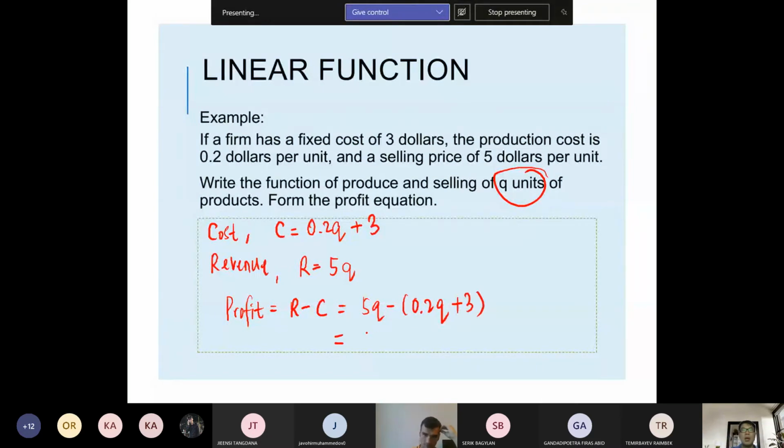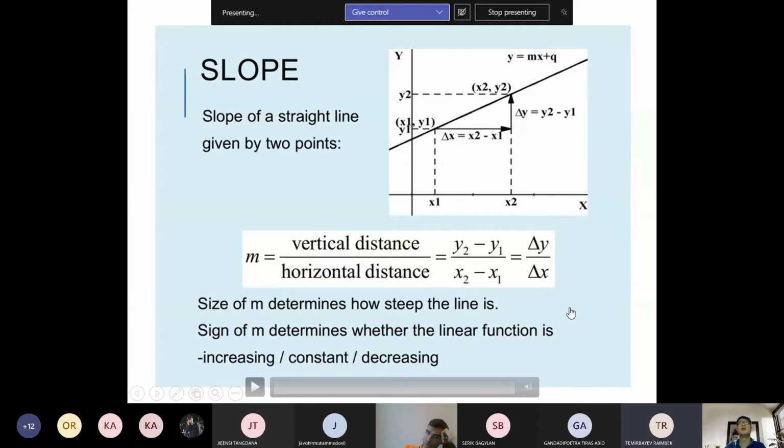Therefore, we have 5Q minus 0.2Q minus 3, which is 4.8Q minus 3. Is there any questions here? No, 5Q minus 0.2Q is 4.8. Okay, let's move.